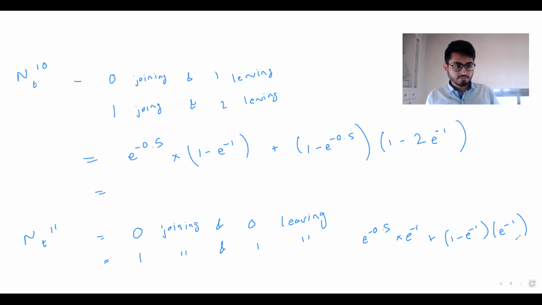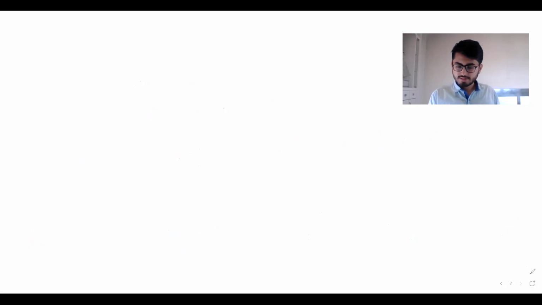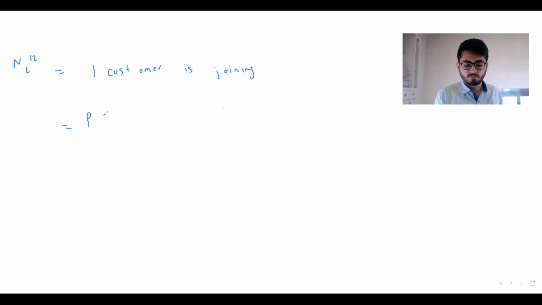So now the next step which I would have is basically NT12, where the only possibility is that one customer is joining. There is no other possibility. So this would be basically the probability that A takes the value 1, given that it's 1, which is nothing but 1 minus e to the power minus 1.